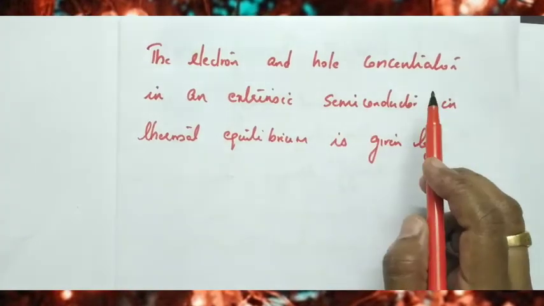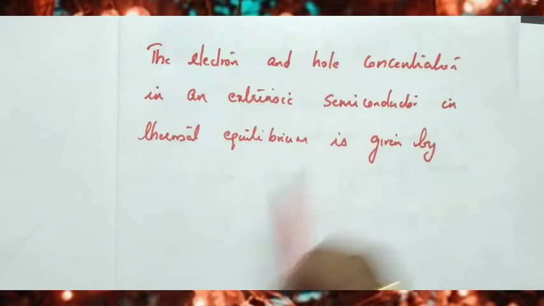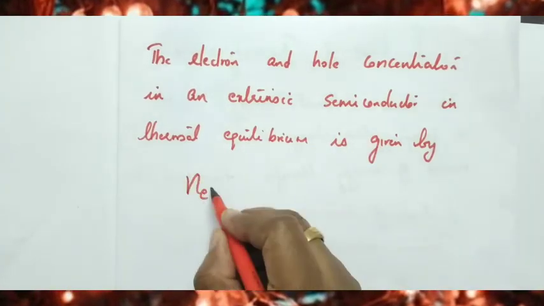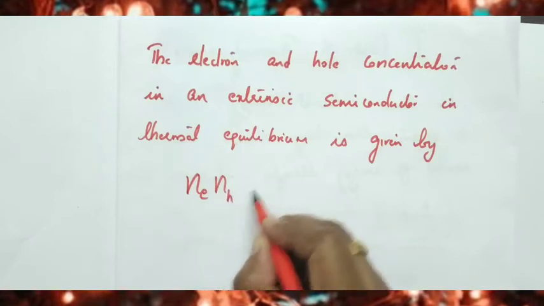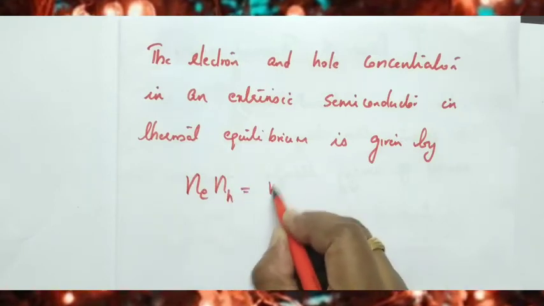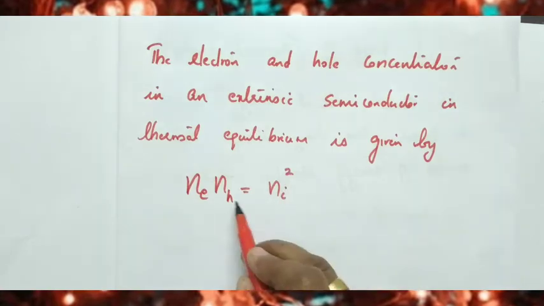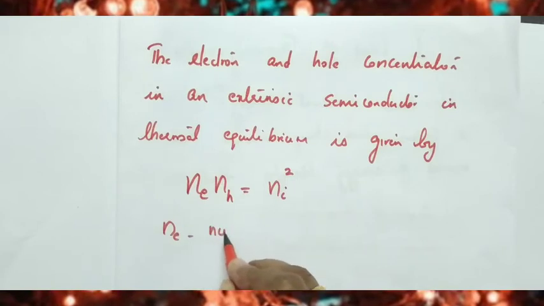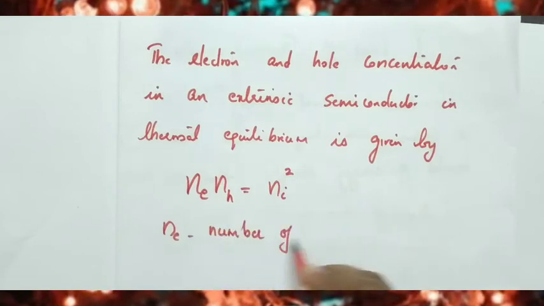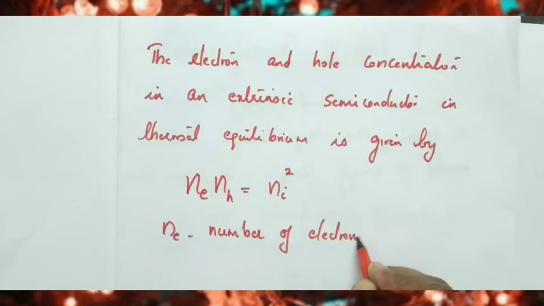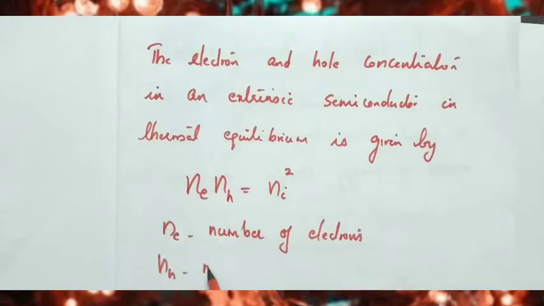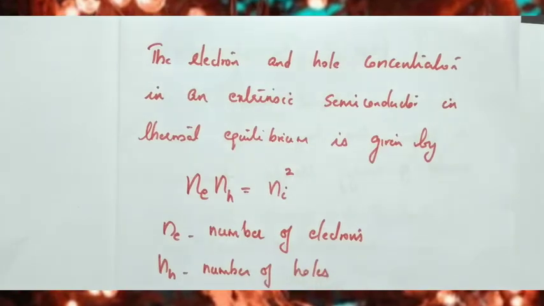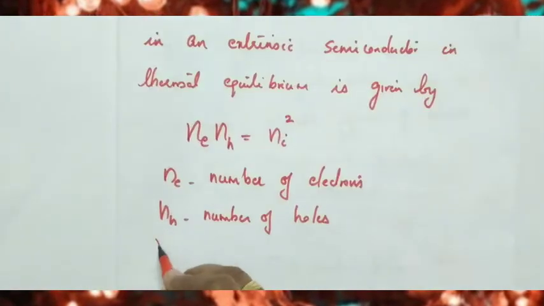Similarly, the electron and hole concentration in an extrinsic semiconductor in thermal equilibrium is given by the formula Ne into NH is equal to Ni square, where Ne is the number of electrons, NH is the number of holes, and Ni is the intrinsic carrier concentration.